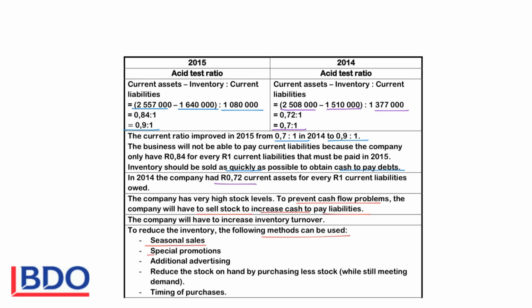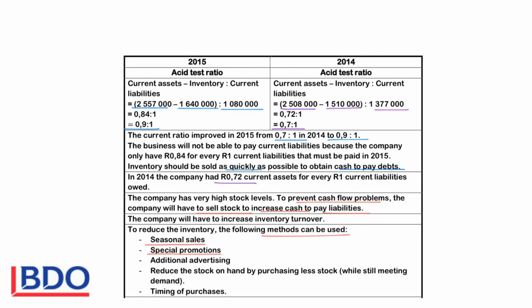Special promotions, 2 for the price of 1. Additional advertising to promote certain products so that the public will be aware of the products that are available at special prices, because they hope that people will come in to buy the reduced items and then also buy other products that they need at the normal prices.